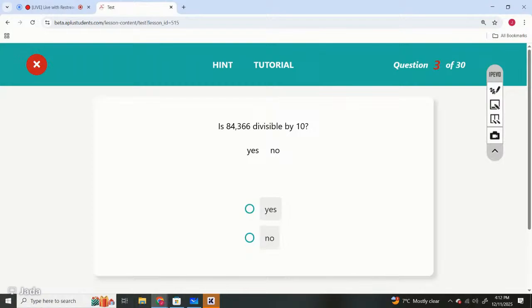Is 84,366 divisible by 10? So we need to apply the divisibility rule for 10. The divisibility rule for 10 is the easiest one. The ones digit must be 0. So is this number divisible by 10?